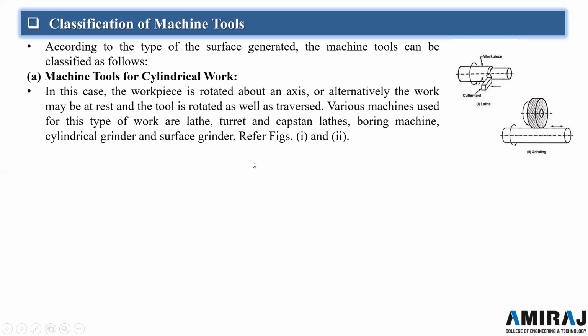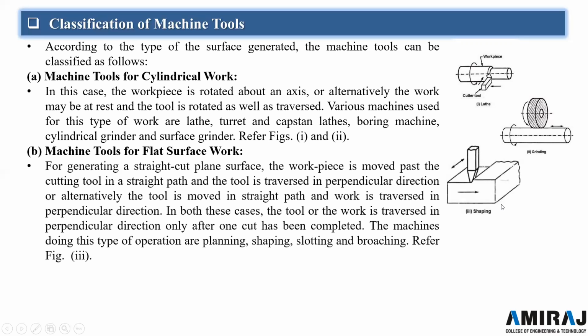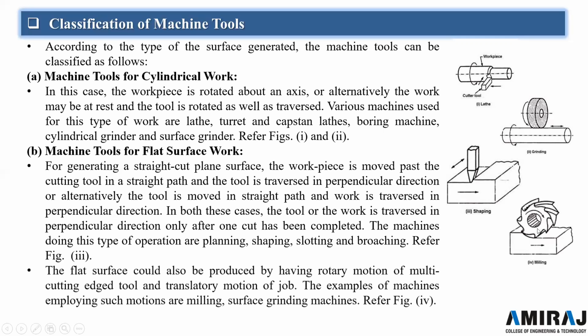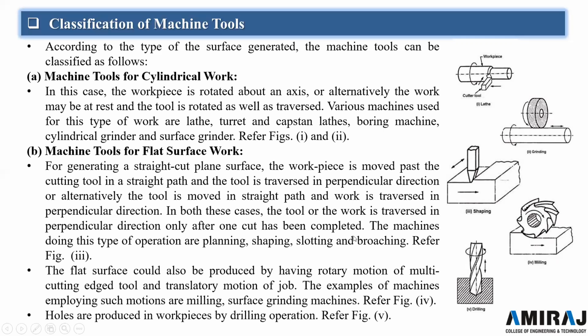The cylindrical surface. Another type, as I discussed earlier, is about flat surfaces. The flat surfaces are produced here in the shaper, then there is milling, and the last one is the drilling operation.